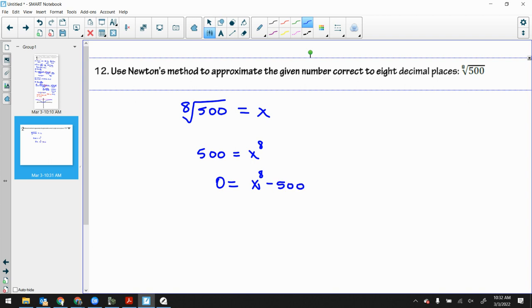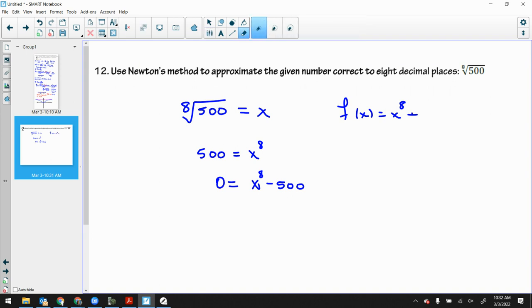That's my f of x. So f of x is x to the 8th minus 500, and f prime is 8x to the 7th. Pretty easy derivative there.